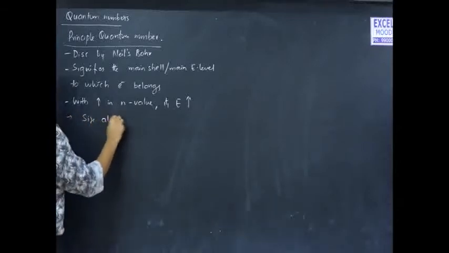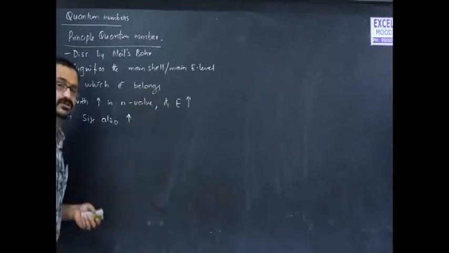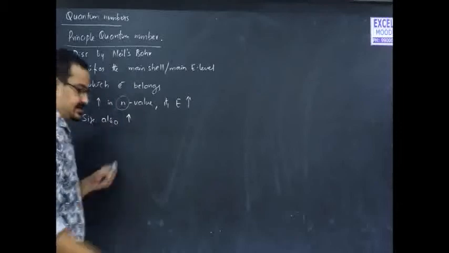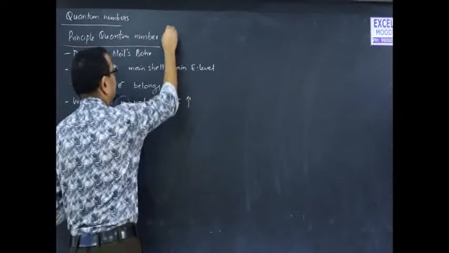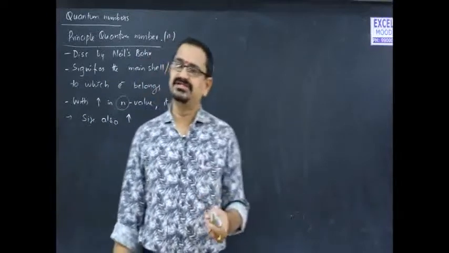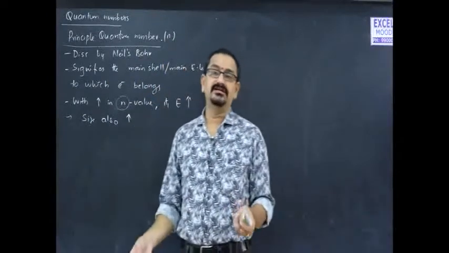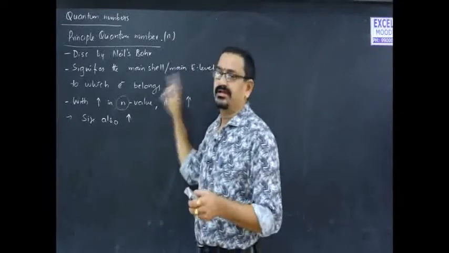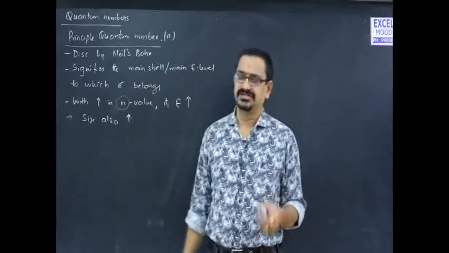So, the principal quantum number, given with the symbol n, helps us in finding the radius of a particular energy level and also in calculating the energy associated with an electron in that particular shell or energy level.